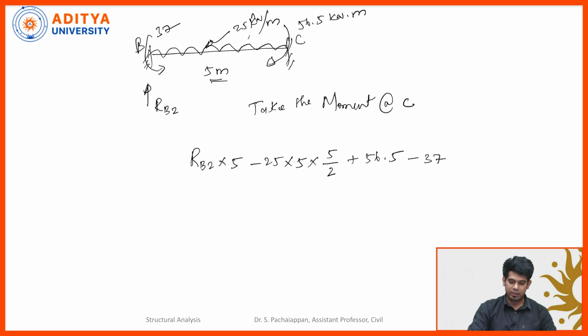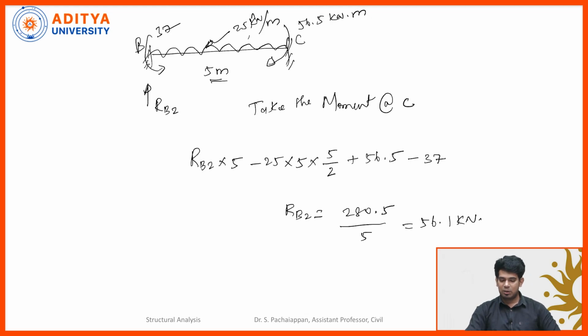So we will be getting RB2 is equal to 280.5 divided by 5, which is 56.1 kilonewton. I'll explain once again.